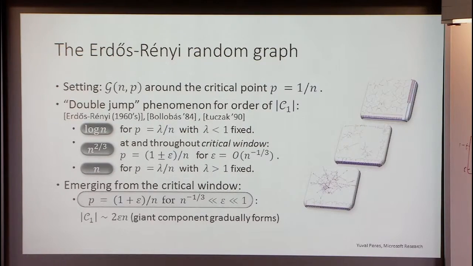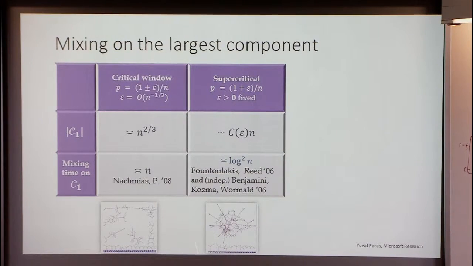I'll have to skip this picture. The random walk inside the critical window is very interesting, but now we're going to focus on the supercritical case, where p is larger than 1 over n, say (1 plus epsilon) over n, but here epsilon is fixed, not going to 0. And then the size of the component is some constant times n. The mixing time is log squared of n. This was discovered by Fountoulakis and, independently and slightly later, by Benjamini, Kozma, and Wormald.